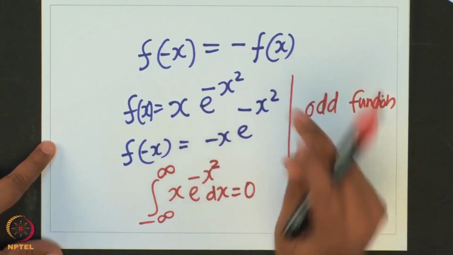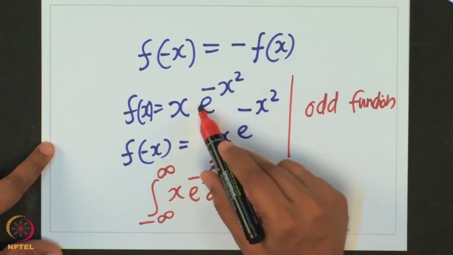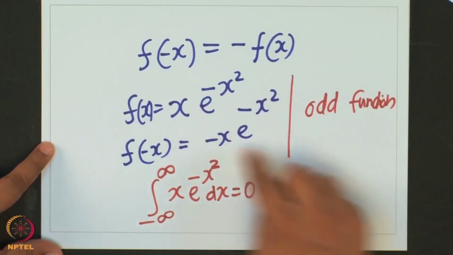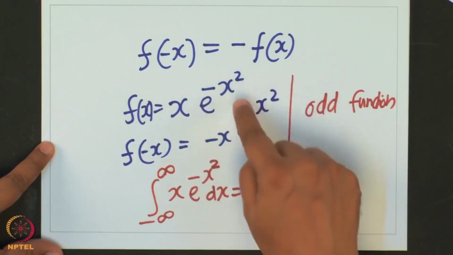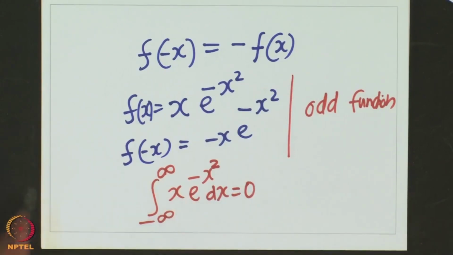So I multiply with a small interval, 0.0001, and sum this. For every positive value I will get a negative value and this would cancel. So convince yourself, plot this function x e power minus x square and convince yourself that this answer would be 0 from minus 1 to plus 1, minus infinity to plus infinity, or in general any minus a to plus a interval.